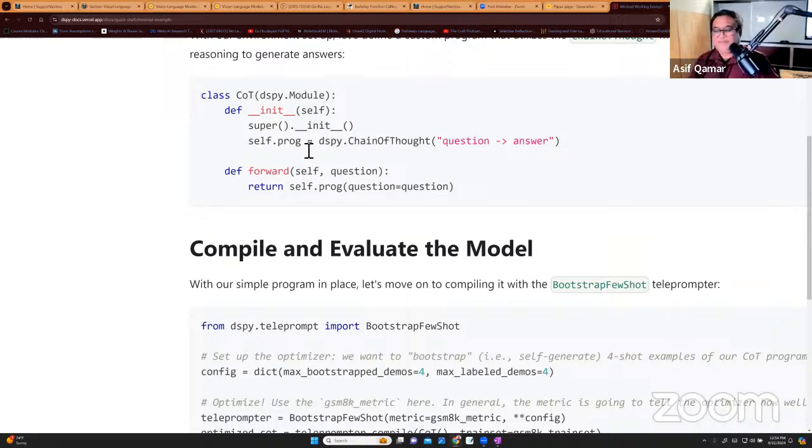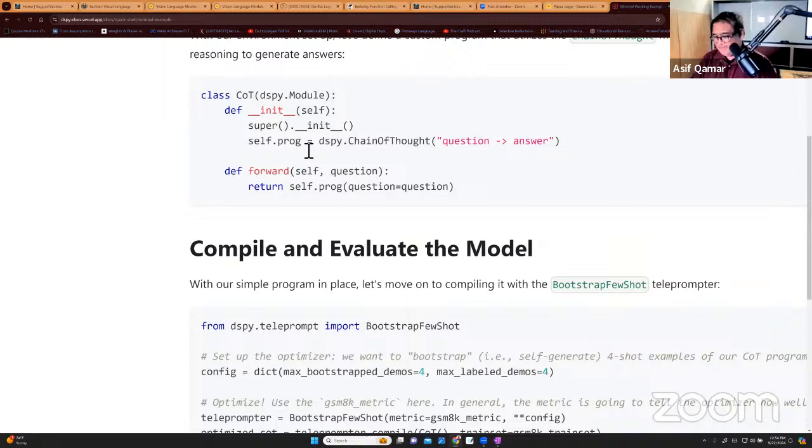Chain of thought is a built-in module internally. What it does is it has a reference to an LLM and it will create its own system prompt. It will take your query, pass it to the LLM and give it.